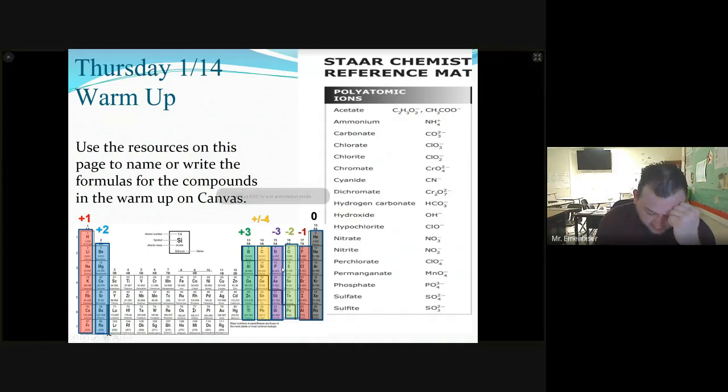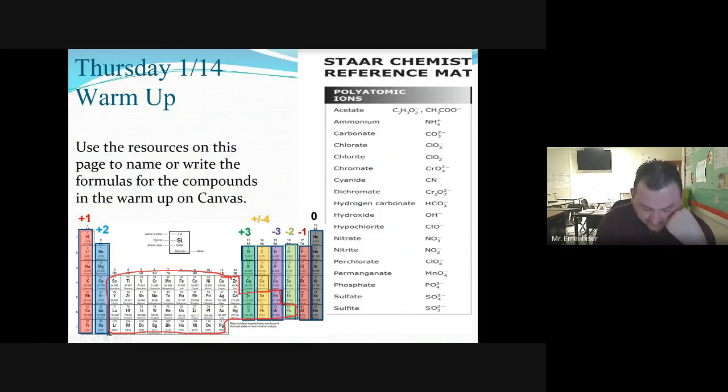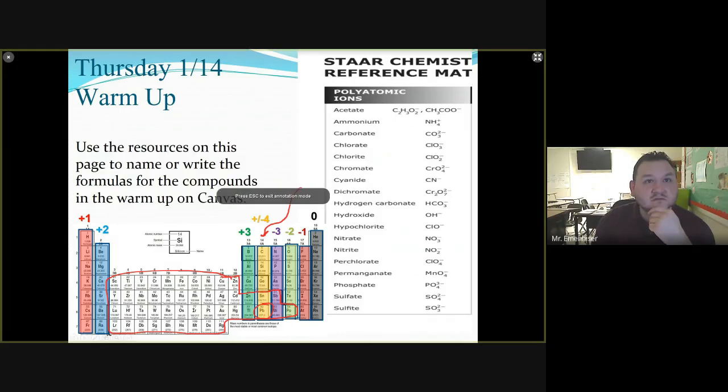And let me actually kind of circle them. So I don't know, maybe these guys right here, these are the transition metals. So even though some of them are over in this group here, right, they're in the carbon group like lead, it's still a transition metal, so it can have more than one charge.